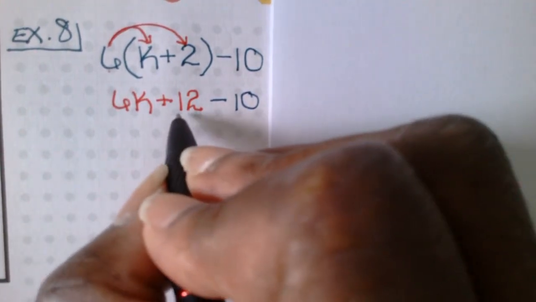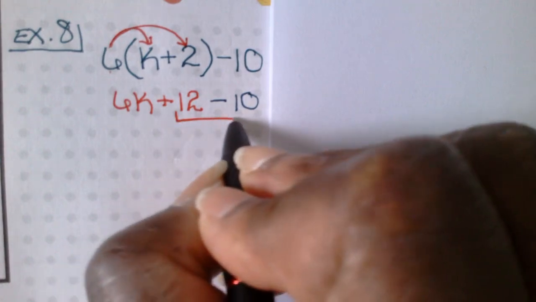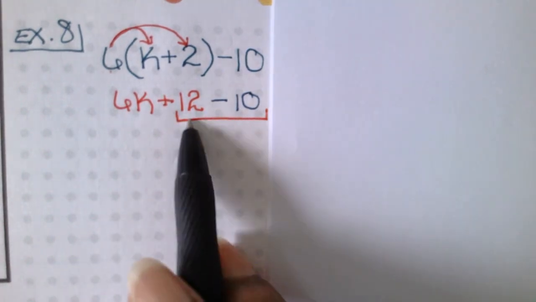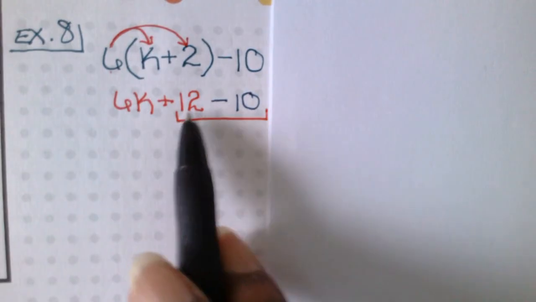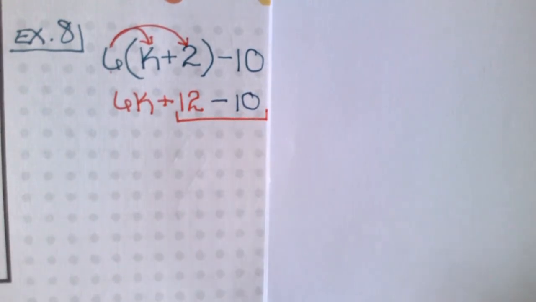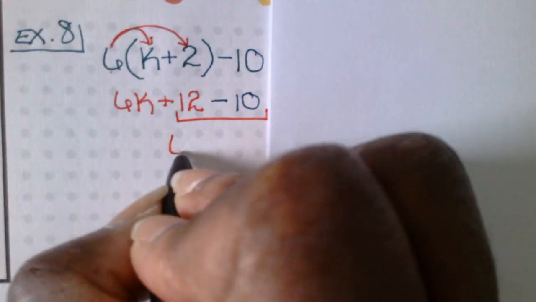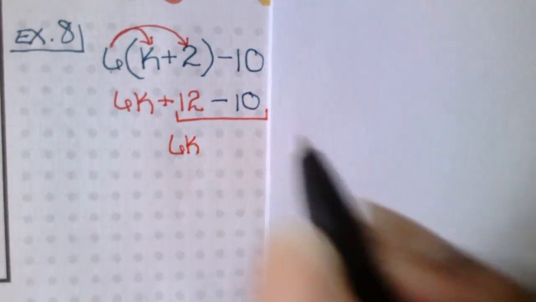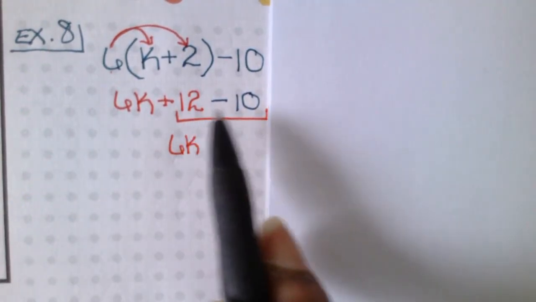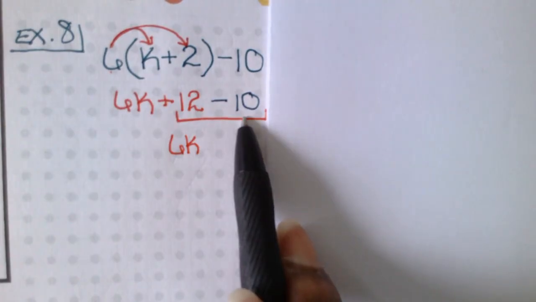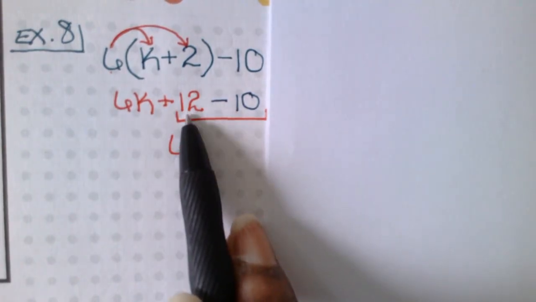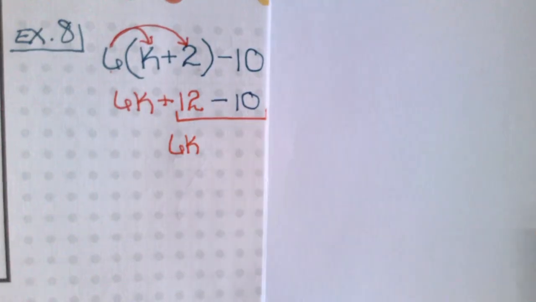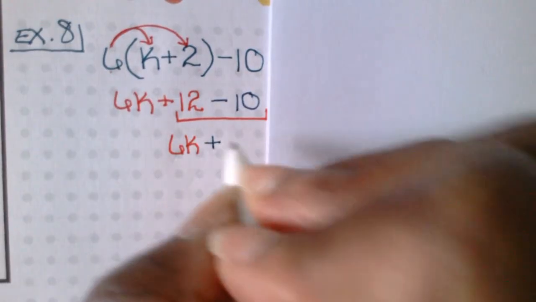So, we are combining the 12 minus the 10. Those are like terms. So that means we have our 6k that we're bringing down. We have a positive 12 and a negative 10. So positive 12, you have $12, you spent 10. That means you have positive 2.